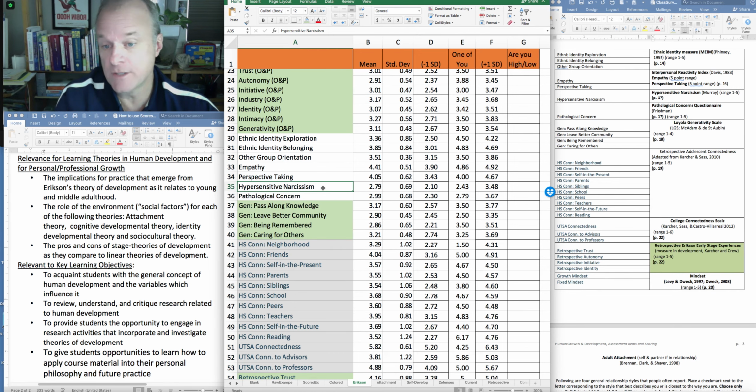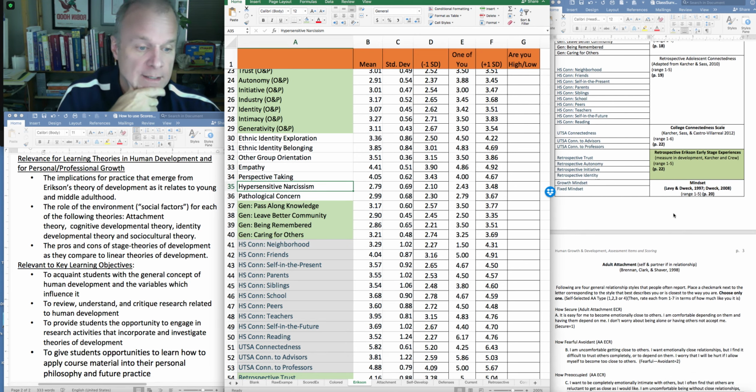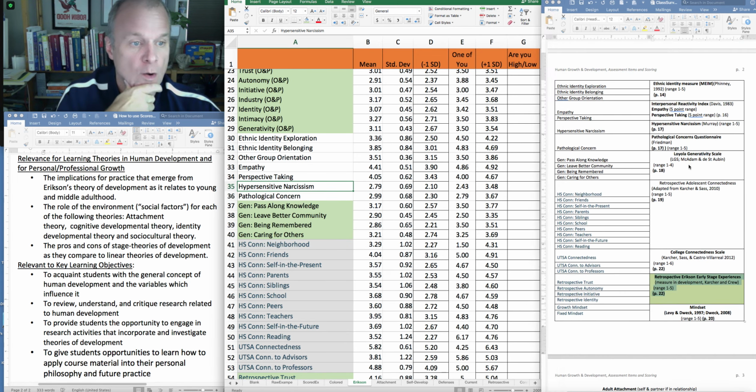It's as the authors of this measure described it. So I'm going to go ahead and highlight that one, the Loyola generativity scale, as well.